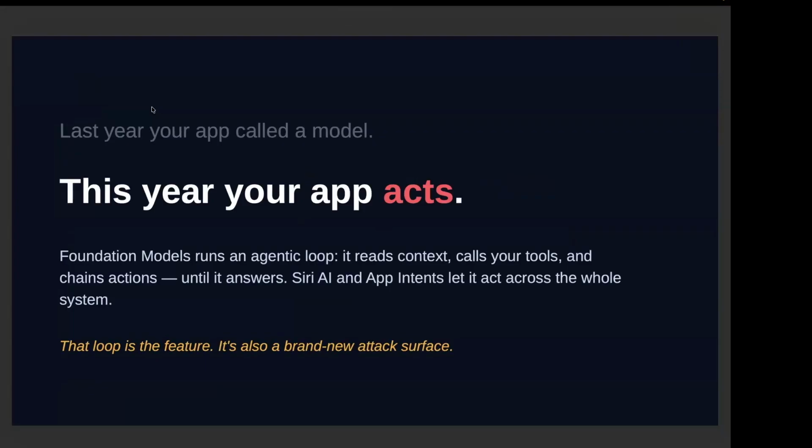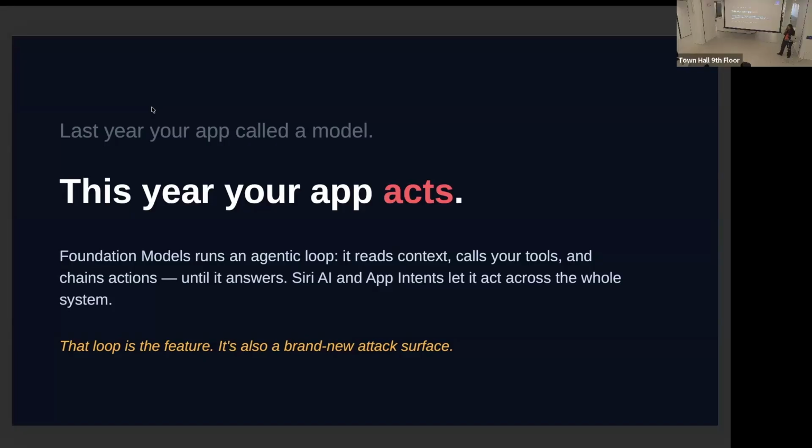A recap. Last year, the app just called a model. So basically, you have a context, you give it the context, and it's going to give you a text output. But this year, the app acts. What does that mean? The foundation models run on an agentic loop.